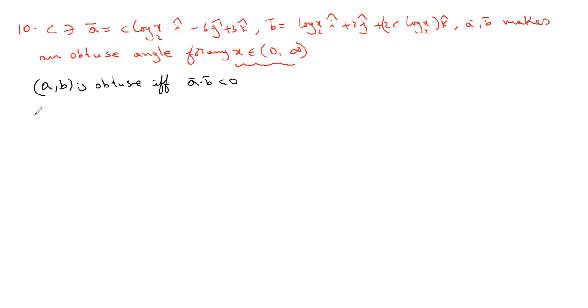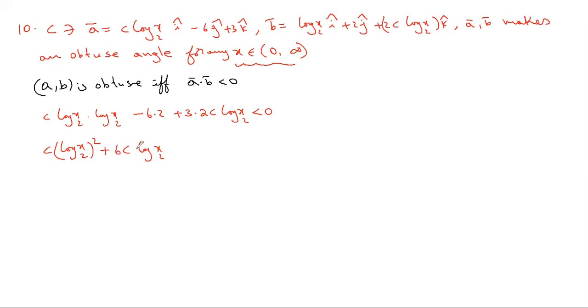So using that, a bar dot b bar negative: c log x base 2 into log x base 2, plus minus 6 into 2, plus 3 into 2c log x base 2, is less than 0. That is c times (log x base 2) whole square plus 6c times log x base 2 minus 12 is less than 0.